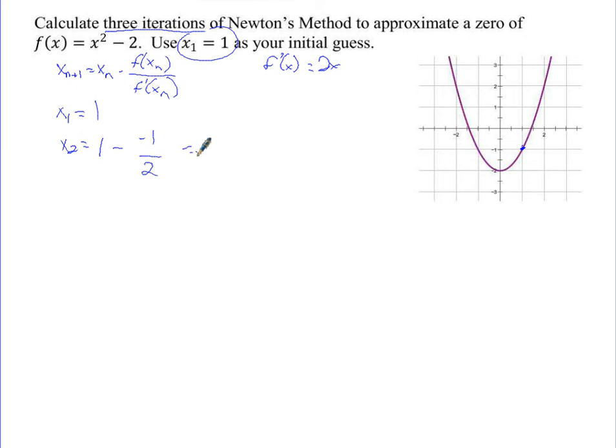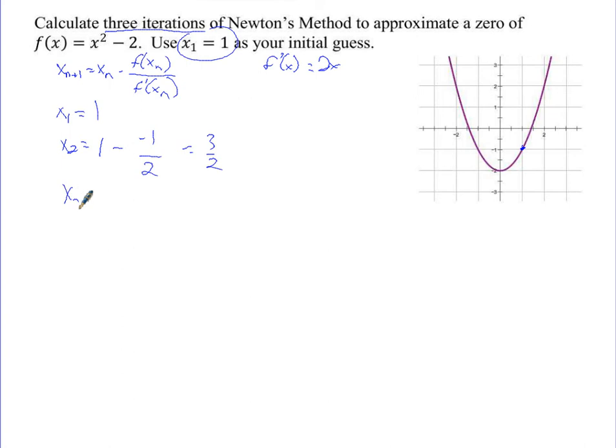Well, that's the same as 1 plus 1/2, which is 3/2. I want to stick with the fractions here for as long as I can, for no particular reason at all. So that's x sub 2 right there. That's our first iteration. We can see that 3/2 is pretty close to that 0, but it's definitely not exact.